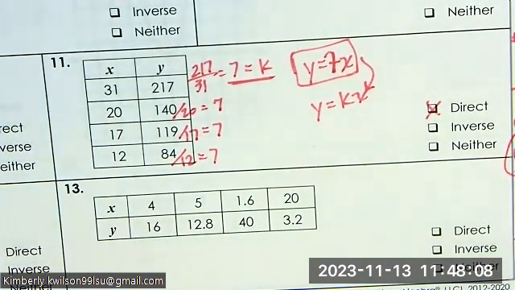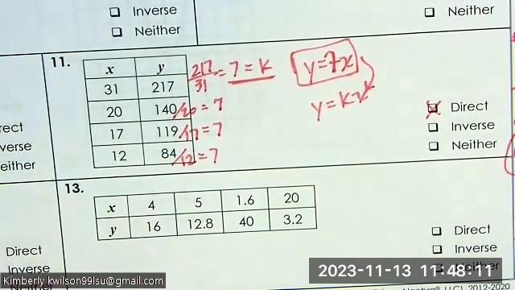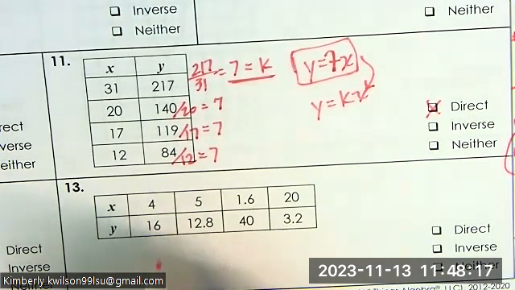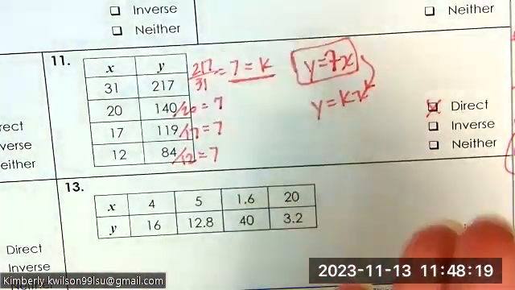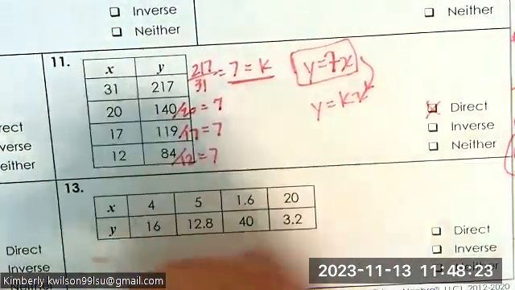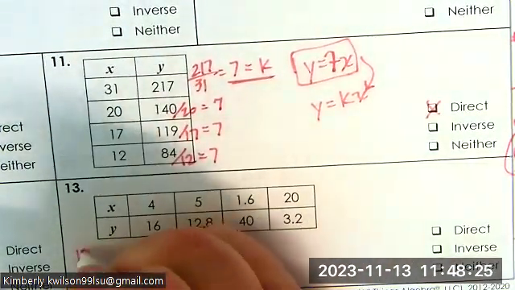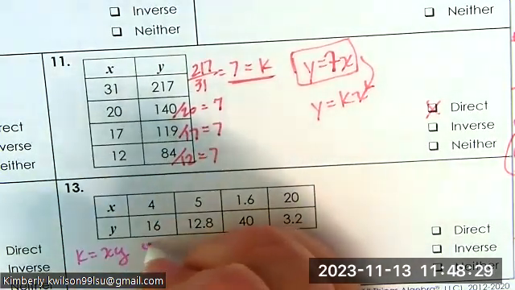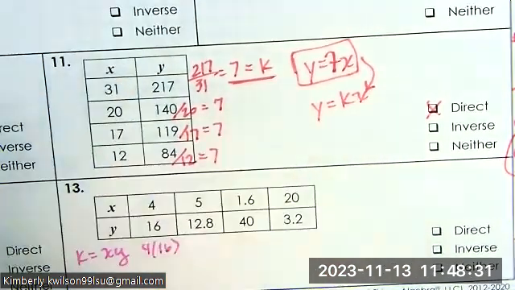Okay, looking at number 13. Not real sure, but I've already done a direct, so let me try the other one just to see, because that's what you're going to test here. For the k, I'm going to try the products here, x times y. So I'm doing 4 times 16.